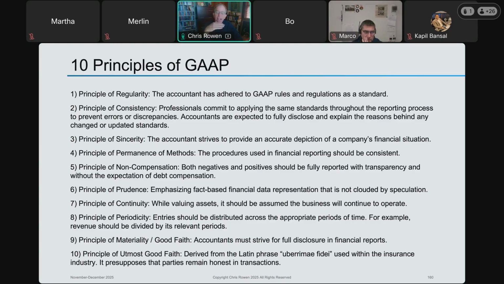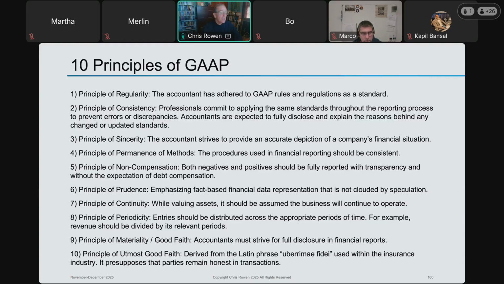That positives and negatives are fully reported with transparency, and that the people who are helping to construct that picture are not being compensated. That is, that the accountants have a neutral position, particularly if you're using a third party to put together your books. You don't want there to be a sense that the accountants are getting paid to make it look good.